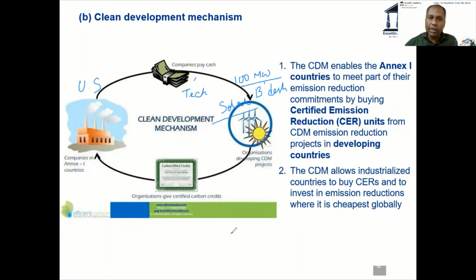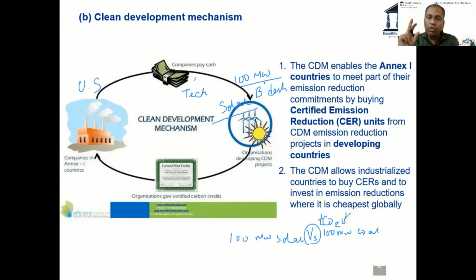The way they will calculate is, how much CO2 did it save had it been 100 megawatt of coal? Technically that can be done. So they will say that this many tons of CO2 has been reduced.